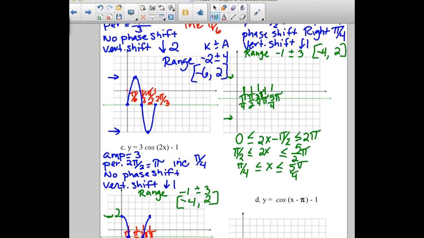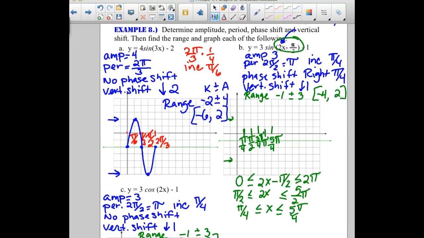All right, let's get our dots put on there. It's a sine curve again, so sine starts on our 0 line, which again is our new dotted line here that I have drawn in. So at pi/4, we're going to have a dot here at our new 0, and sine goes up from there. So we're going to go up to our high point, which amplitude is 3, so 3 spaces above that.